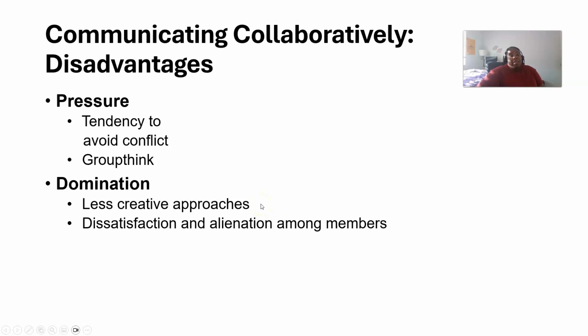Then you might not be creative if everybody's just going along with the flow. Or someone might have an idea, but they might feel stifled because they want to avoid conflict, and in avoiding conflict, they might feel a little bit resentful. So you want to make sure to communicate, be open, have fun with the process, and make sure that everyone is heard.